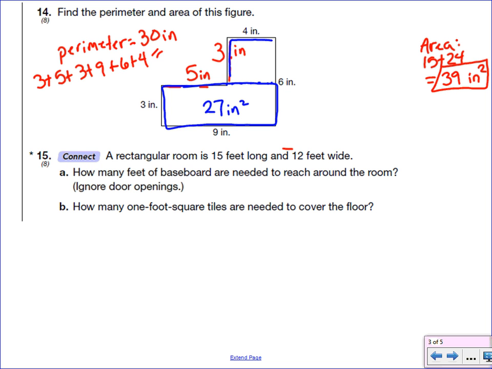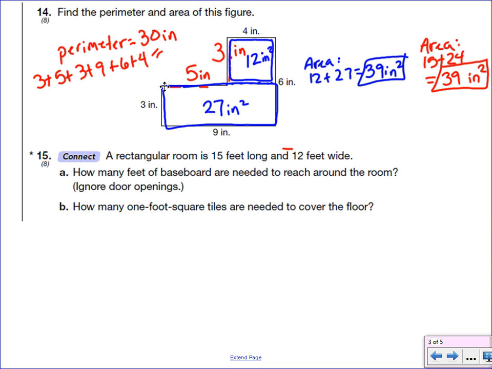This one right here would be 3 times 4, which is 12 inches squared. And then you would say your area is 12 plus 27, which is 39 inches squared. So either way you cut it, it still ends up being the right answer. So you don't have to worry about dividing it in an incorrect way.